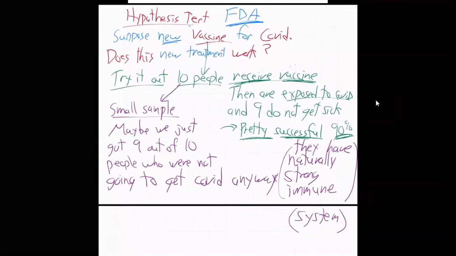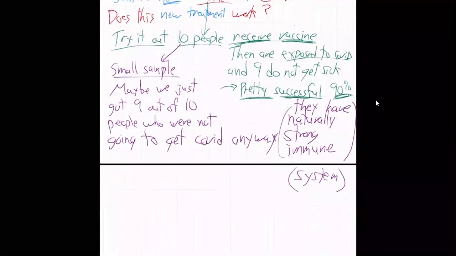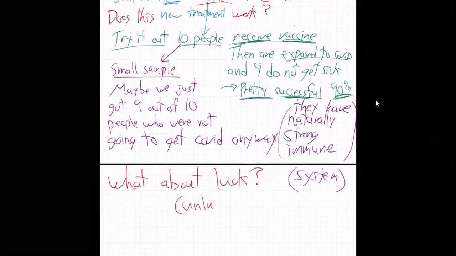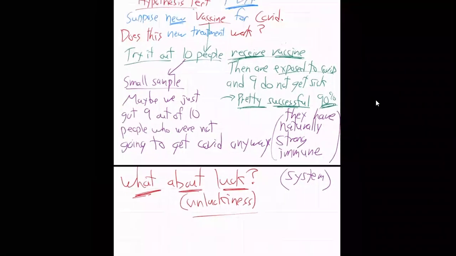The problem we're having here is, what about luck? I'm going to write that, because that's the crucial point. That's how I like to say it: what about luck? Or you could say unluckiness. What about the fact that you could have just gotten 10 lucky people?